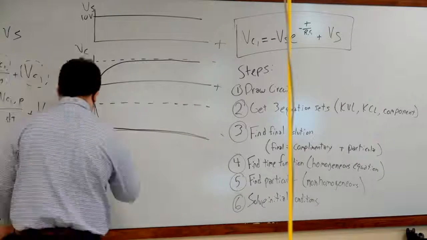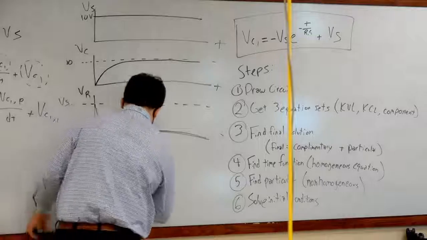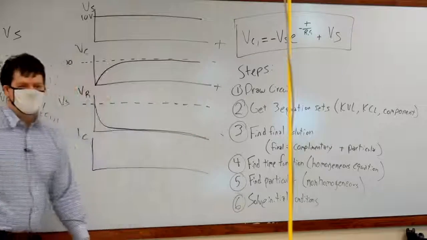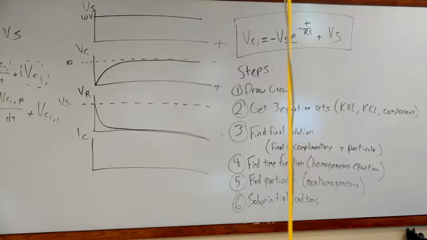I'm going to do one more thing. I'm going to plot the value of IC. When I plot IC, our current through our capacitor, I am also plotting the current that's coming out of the source voltage, and I'm plotting the current that's going through the resistor.